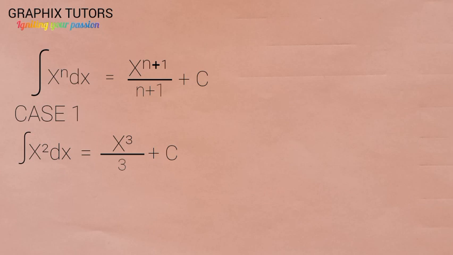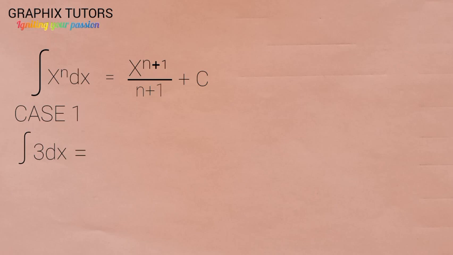Now let's imagine we are told to integrate 3 dx, right? Since 3 is a constant, I am going to take it out of the integral sign. And I'm going to be having 3 integral dx, right? Now, in front of dx, we have 1, and since we're integrating with respect to x, 1 can also be written as x to the power of 0.